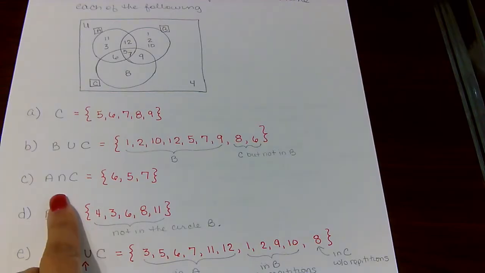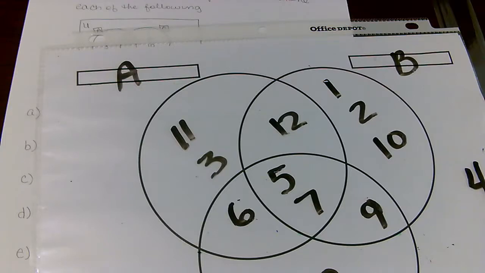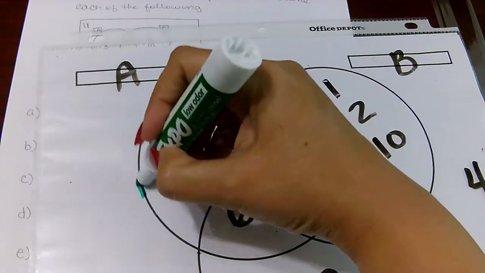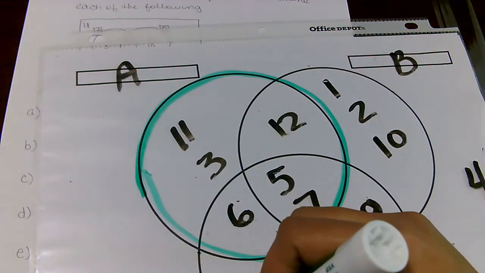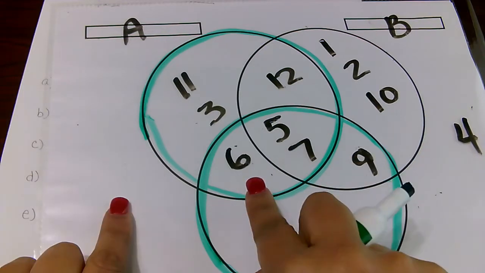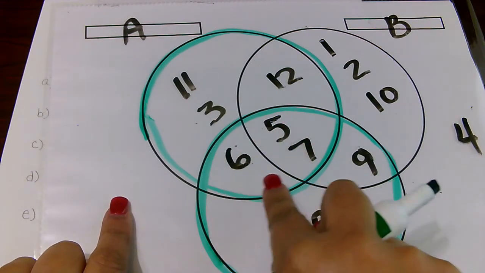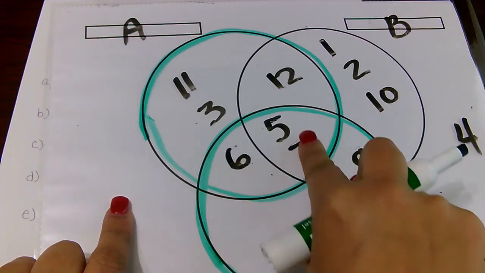Okay? Part C has that word "and," so it's A and C. So the first thing I'm going to do is go ahead and circle my A, and I'm going to circle the C. Only the parts that have been circled two times are going to be included. So that's everything in this area here.